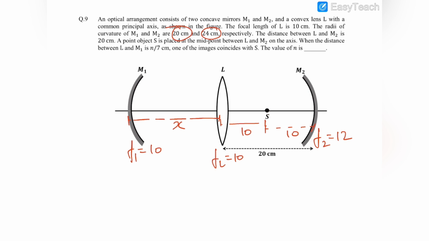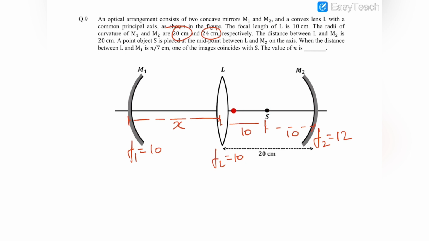You can see that the first image formed by mirror M2 cannot coincide at this point, because for the first image of M2 to coincide with the object, the object must be placed at a distance of the radius of curvature from this mirror, and this is 10 and the radius of curvature is 24. So it is not possible that the first image of M2 will coincide with S.